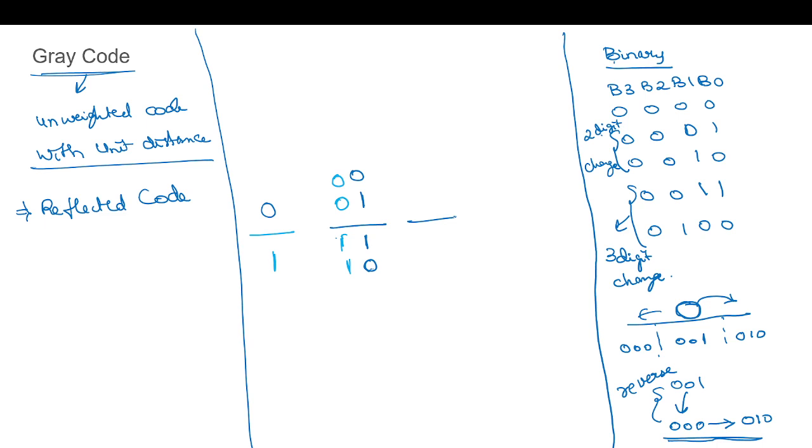Now if we go for 3-bit numbers, 00, 01, 11, 10. This we will repeat and reflect: 10, 11, 01, 00. Now above the reflection it will be 0 and below the reflection it will be 1.